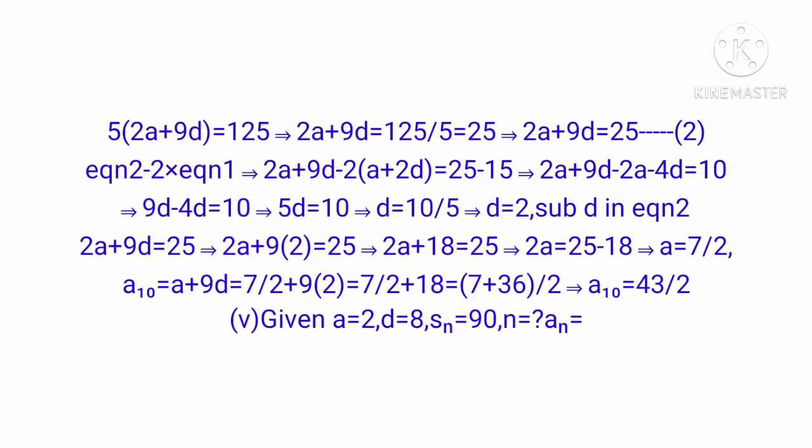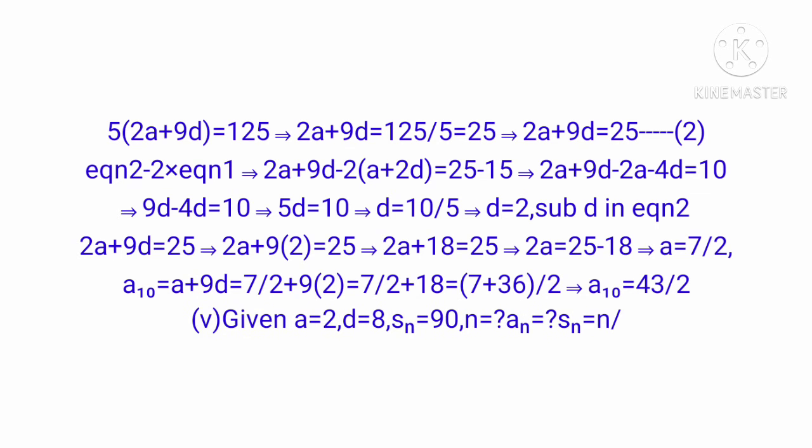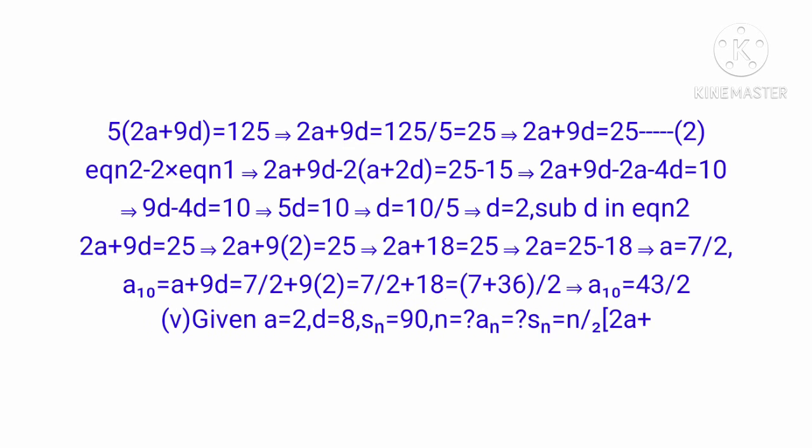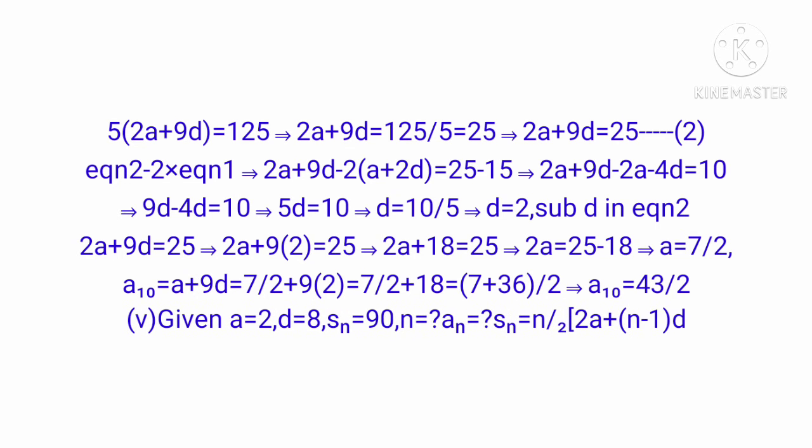What is n and an? Sn is equal to the formula n by 2 into 2a plus n minus 1 into d.